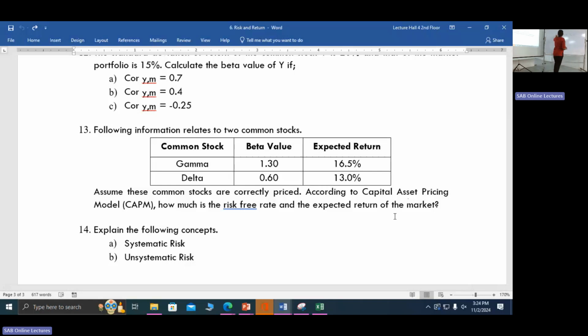Here the expected return is given, and beta is given for these two stocks. So you have to estimate the risk-free rate and the market return.